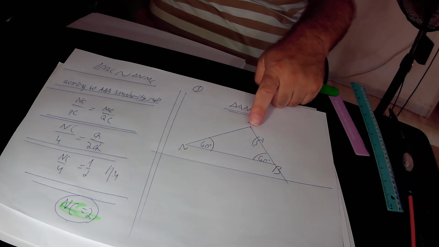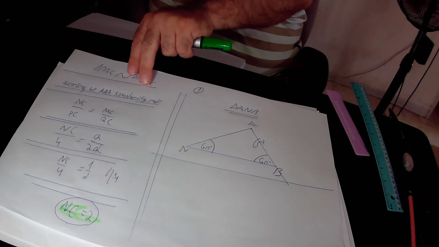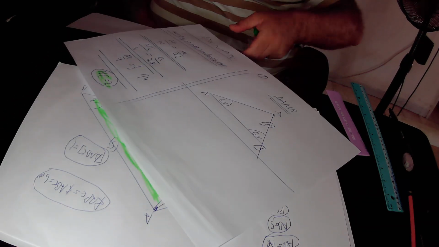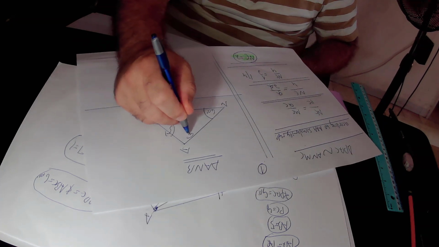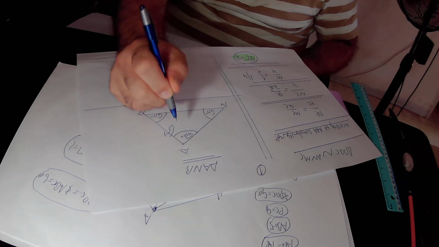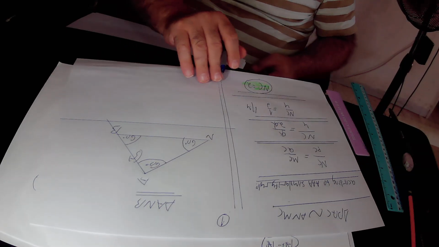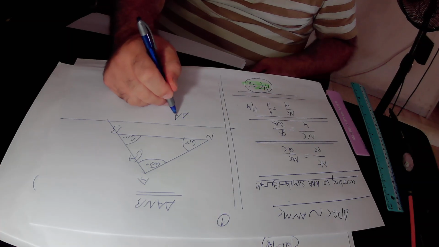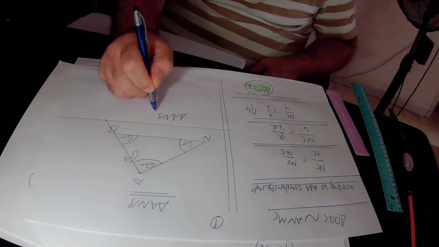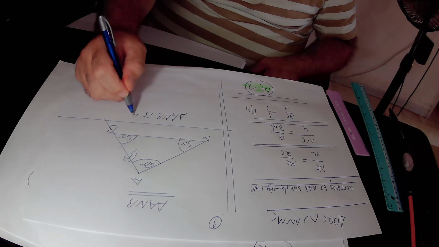And therefore this third missing angle must be equal to 60 degrees in size according to the rule that the sum of the angles in any triangle is equal to 180 degrees. So we found out that the big triangle, triangle AB, is an equilateral triangle.